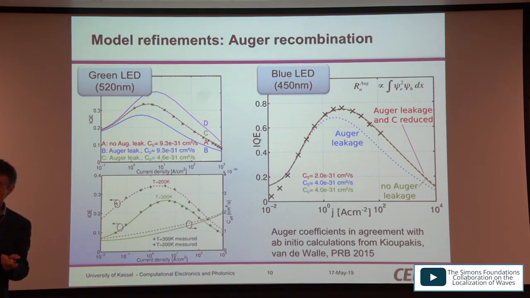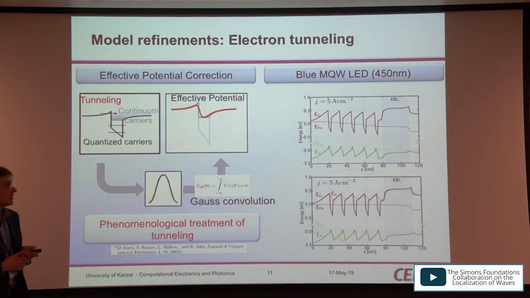We can reduce the Auger coefficient by a factor of 2, and we get much closer to what Chris Van de Walle just said, the theoretical results that had been published with these multi-phonon processes. So this is one thing where we saw that we need to refine this drift diffusion model in order to understand the III-nitrides.